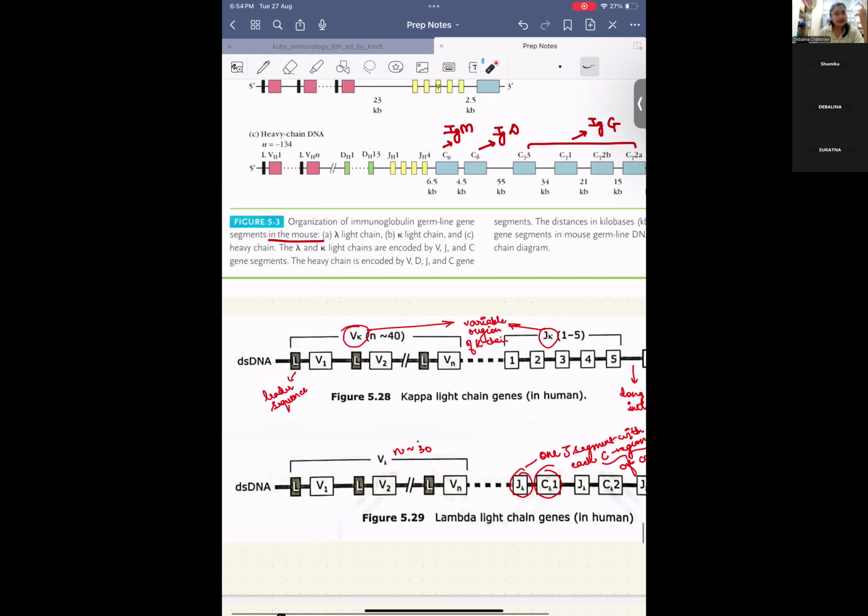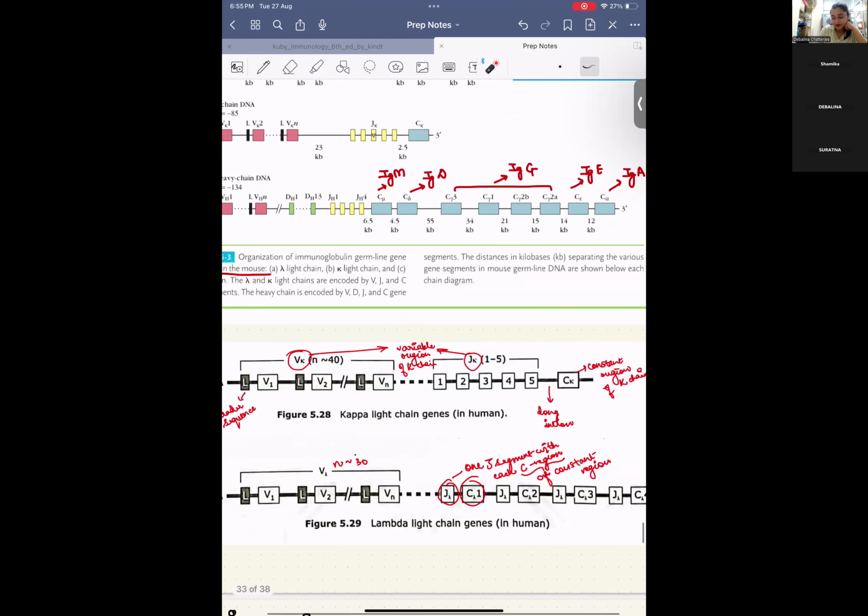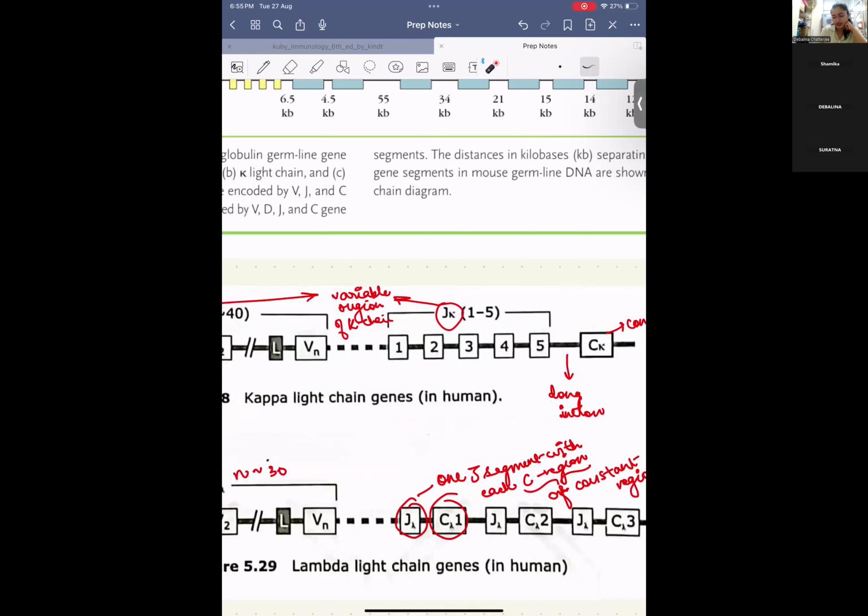As we were saying, they have a chance of recombining. Recombination ensures that only one V is randomly selected, and it gets a chance to recombine with any of the J segments, right? So what is a J segment? Again, a short stretch of DNA that we are naming J segments. And how many such J segments are possible for a kappa chain?